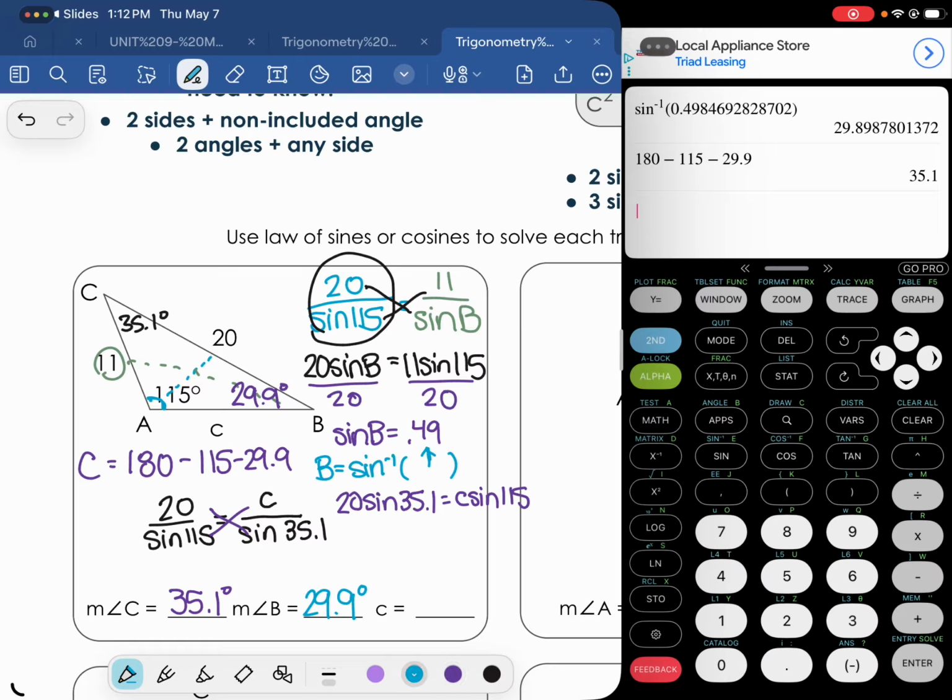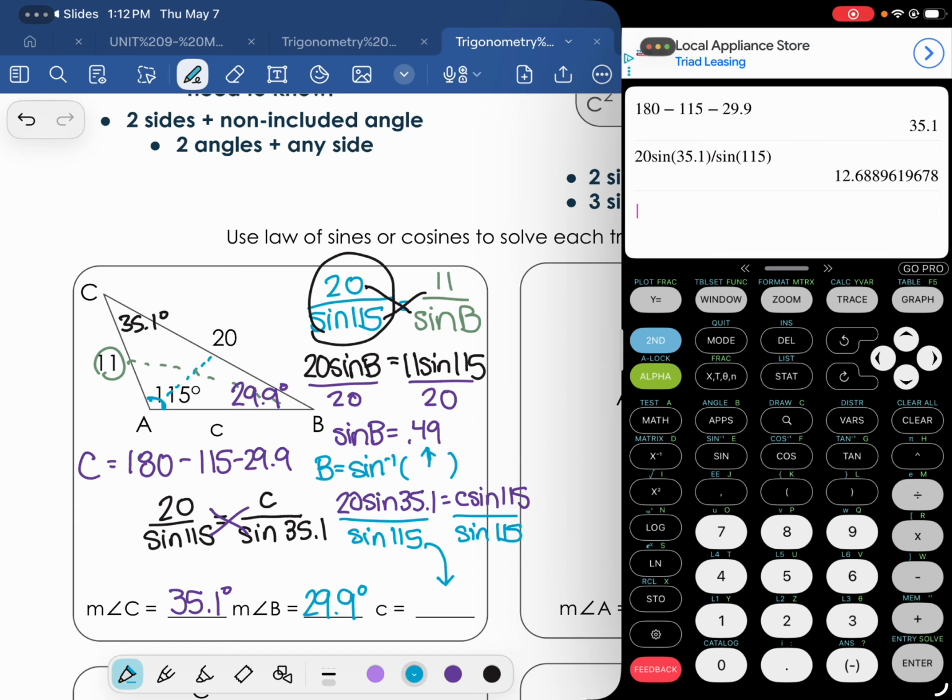And then I divide by the sine of 115 to get c by itself. This time, c is not part of the sine function, so you don't have to use an inverse to solve for it. I just have to do 20 sine 35.1, close that parentheses, divided by sine 115. That's 12.69.